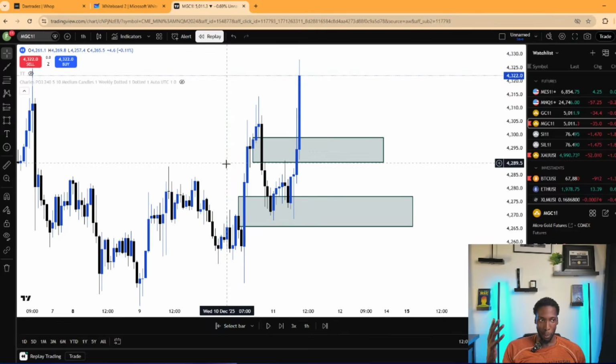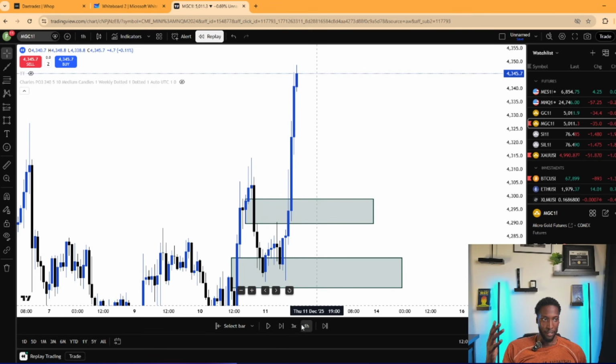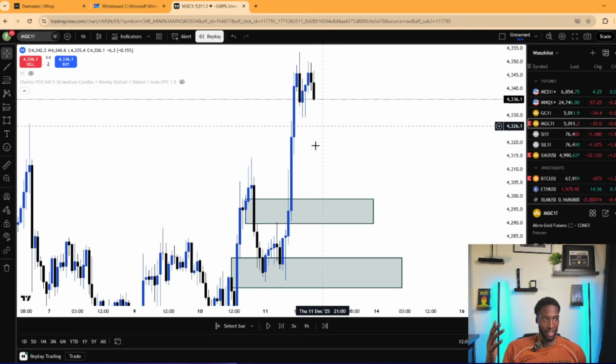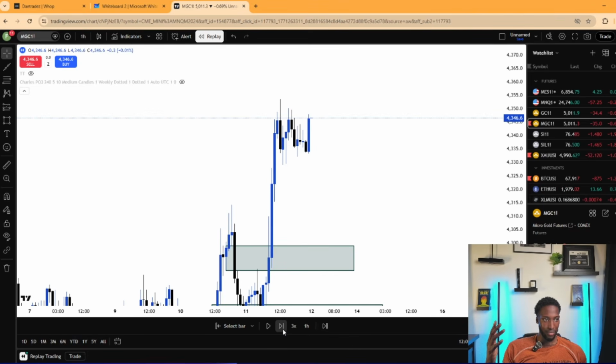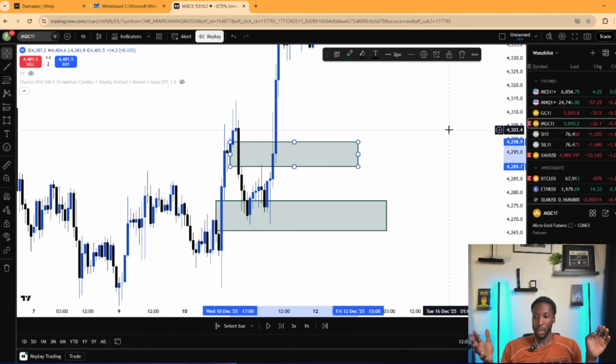This is indicating that we are still technically bullish. So now I can expect bullish fair value gaps like this one to hold, and bearish fair value gaps like this one to fail. When a fair value gap fails, it is known as an inversion fair value gap, right?